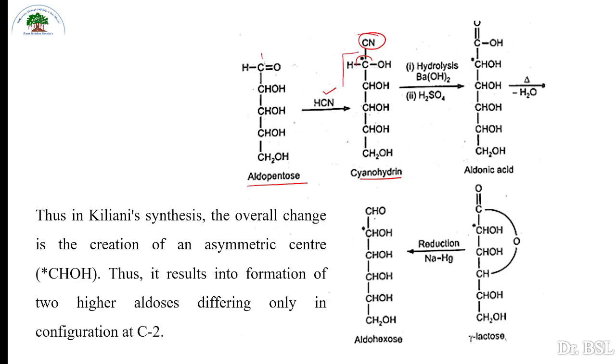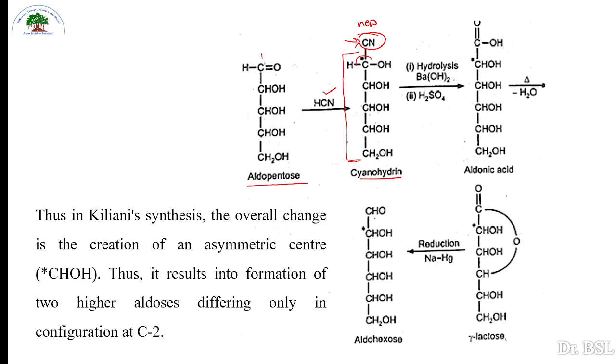So up till here the structure is such that all these 5 carbon atoms are already there, but this is the new carbon of CN. So this is formation of cyanohydrin by reaction with hydrogen cyanide.